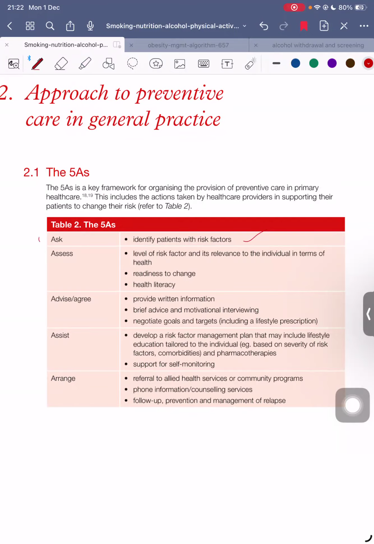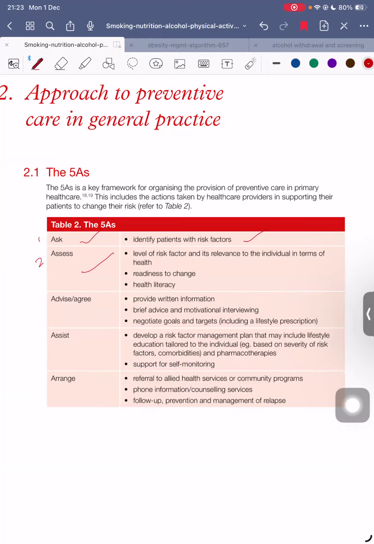Then first ask. The second one is assess. We should assess the level of risk factors and their relevance to the individual in terms of health, readiness to change, and health literacy. We have to assess the level, and whether the patient is ready to change or not. After ask and assess, we advise or agree.